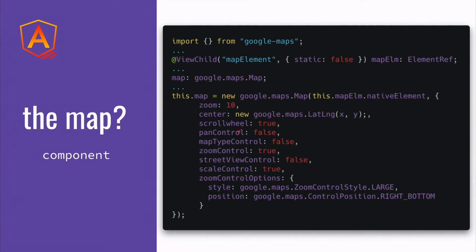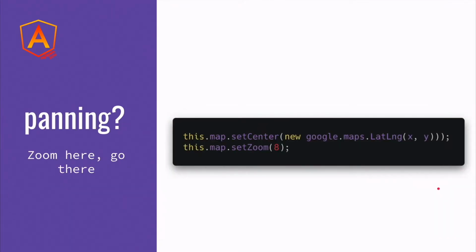You specify if you want to use a scroll wheel, the pan control, Street View control, all the controllers that you usually see on a Google map. If you go to maps.google.com, you specify what you want. And you can also specify where you want your controls to be. So for example, I want my zoom controls to be large and their control position to be in the right bottom. And we'll see these positions as we move along.